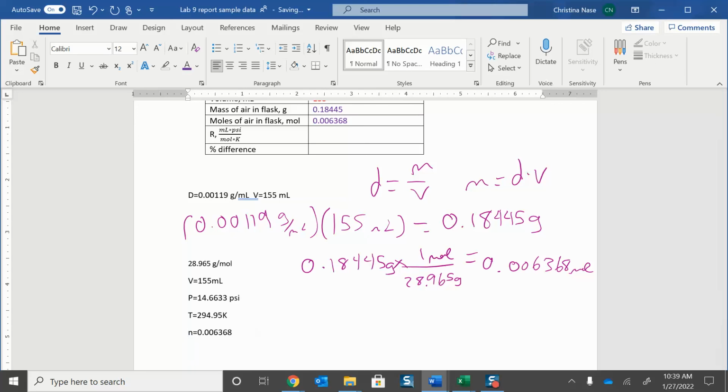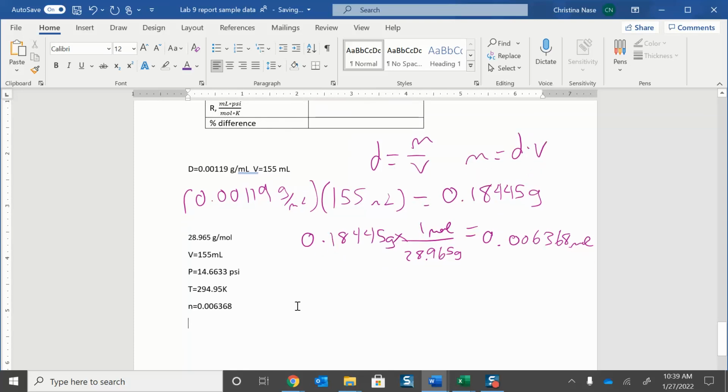Great. Now I can just plug that into R, right? So R is going to be that volume, 155 milliliters, multiplied by the P, 14.6633, in psi.